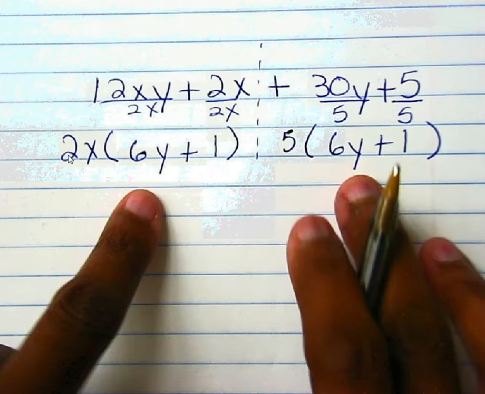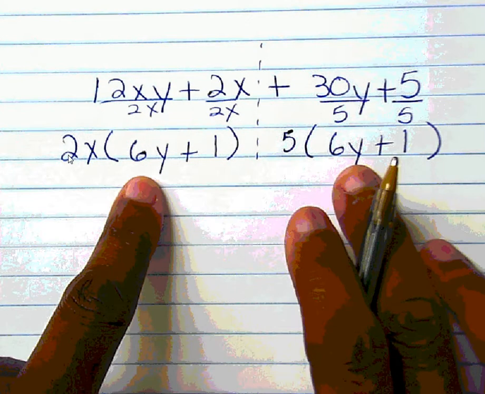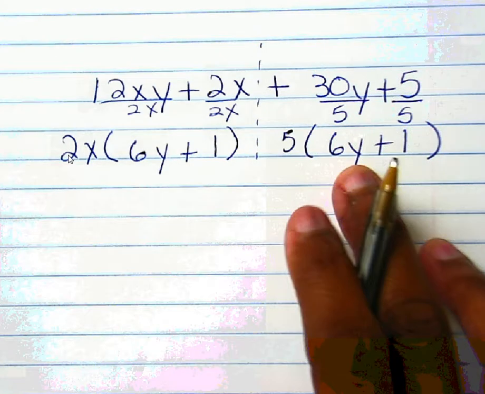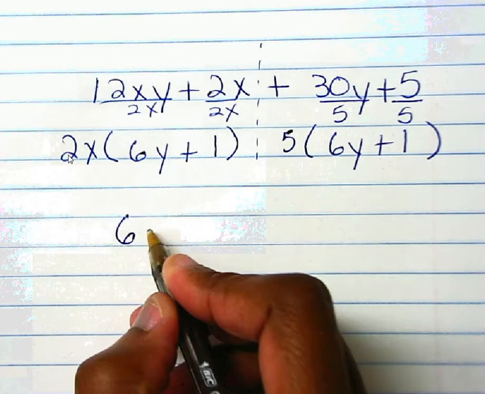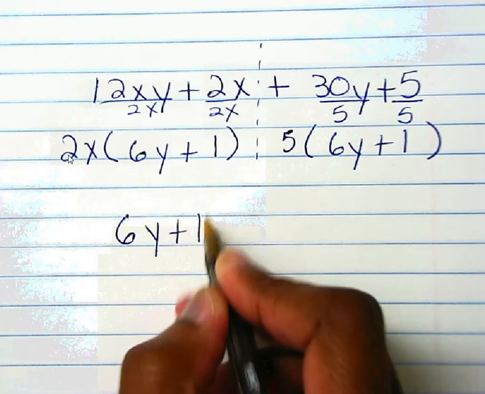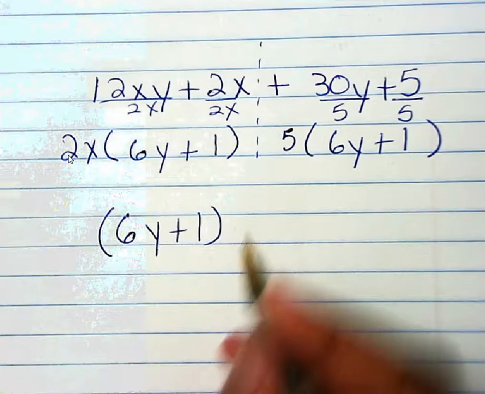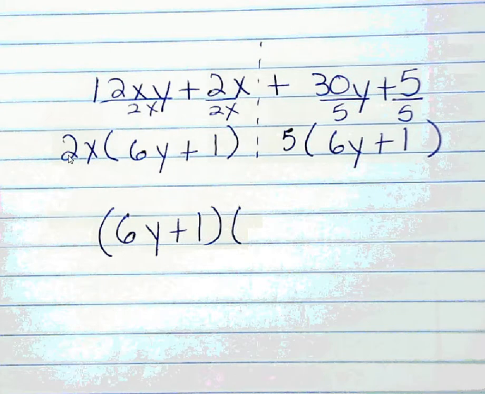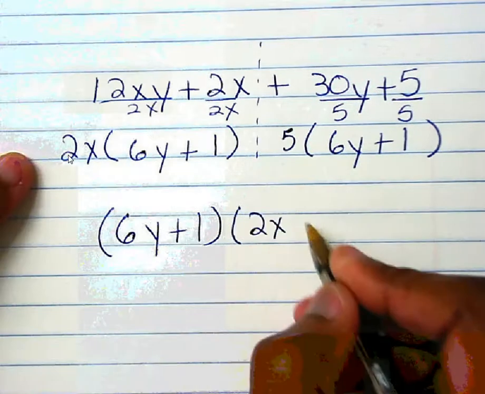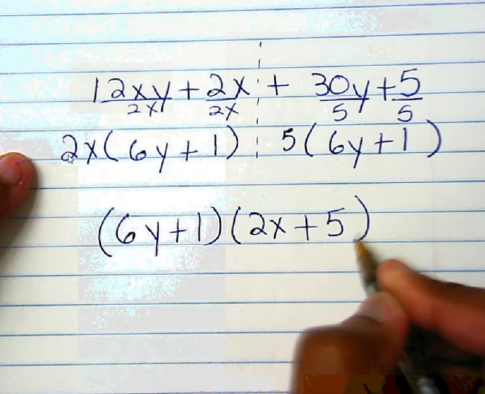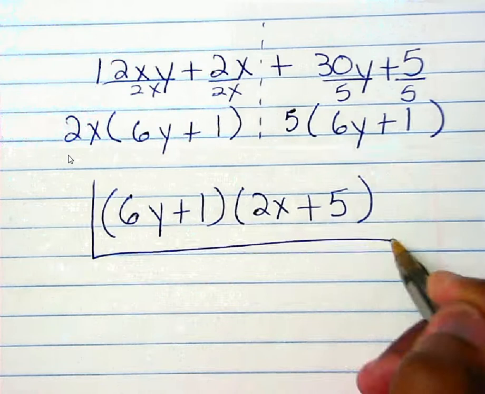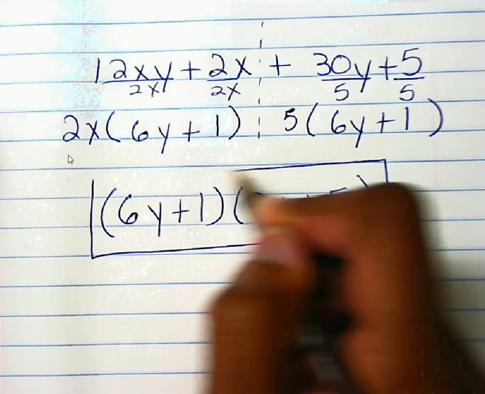Now I notice that I have a greatest common factor of 6y plus 1. So I'm going to factor that out. And I'm left with my greatest common factors, which I make into a binomial, 2x plus 5. And I have completely factored that term. And that is how we do factor by grouping.